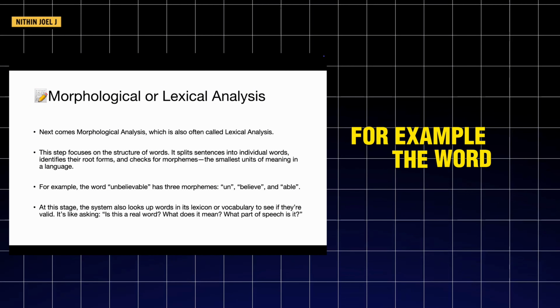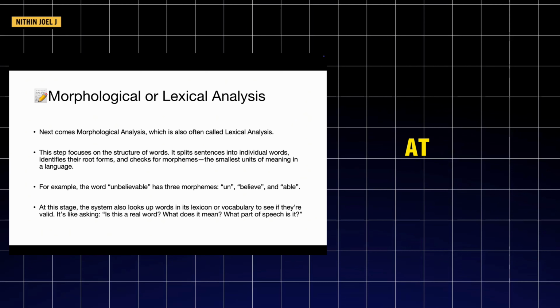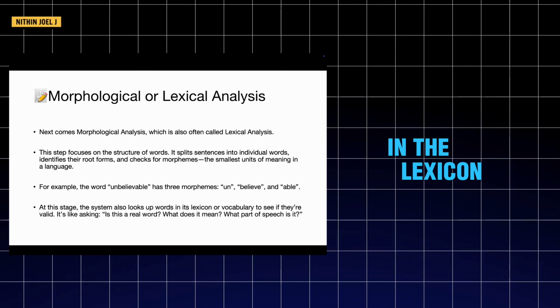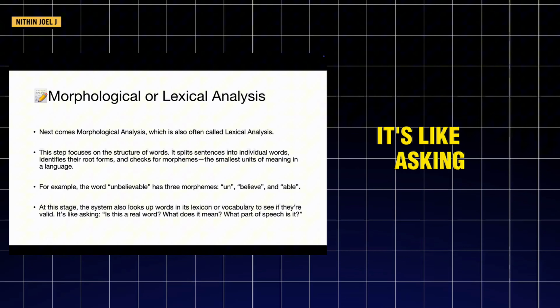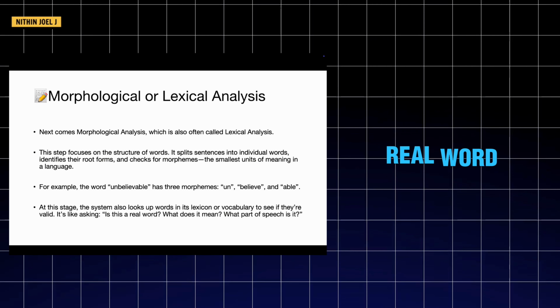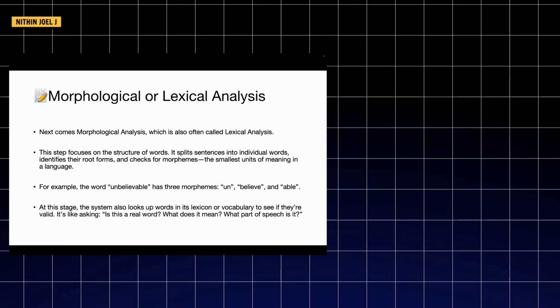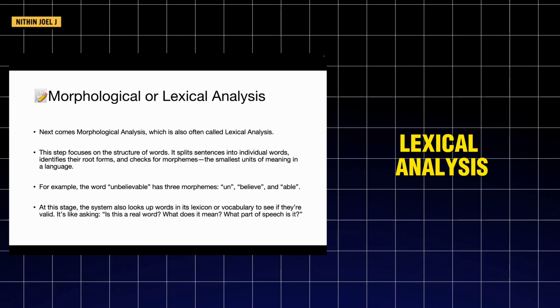For example, the word unbelievable has three morphemes: un, believe, and able. At this stage, the system also looks up words in the lexicon or vocabulary to see if they are valid. It's like asking, is this a real word? What does it mean? What part of speech is it? So these aspects come under the topic called morphological or lexical analysis.